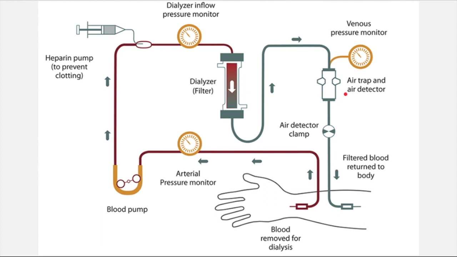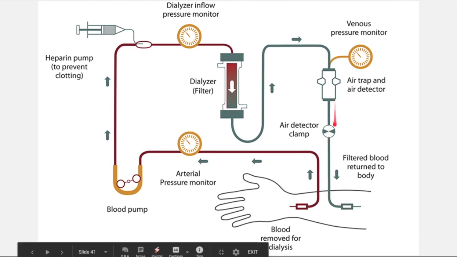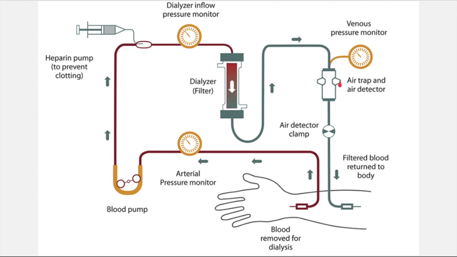Okay, so this prevents any air in the system from returning to the venous limb of the fistula, as the air going into the patient's body would cause complications. This makes sure that the blood is safe to go back into the body.